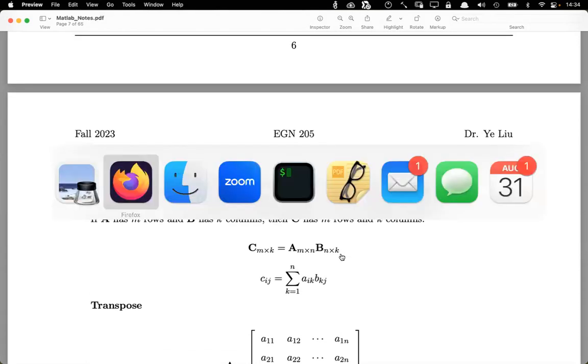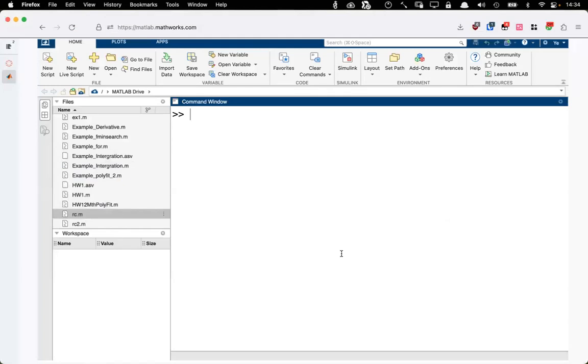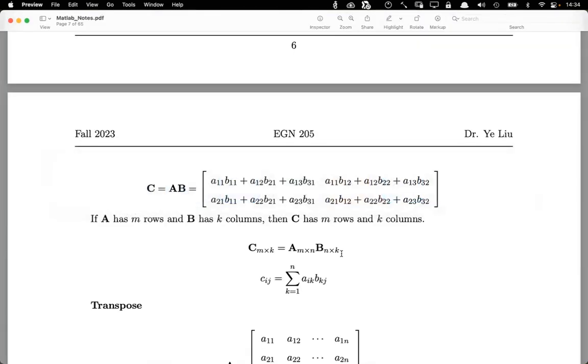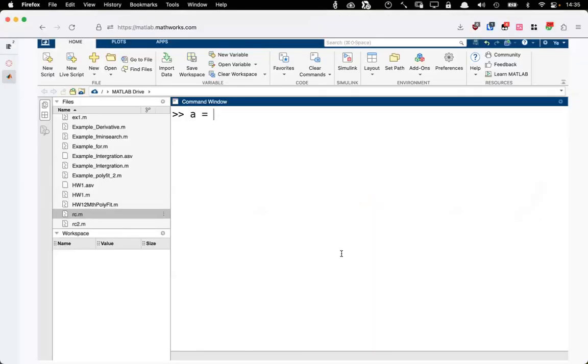Okay, so let's do this in MATLAB. A is the 2 by 3: 1, 2, 3, 4, 5, 6.